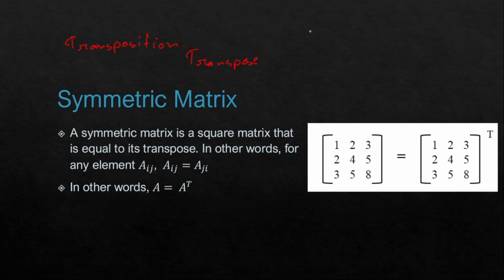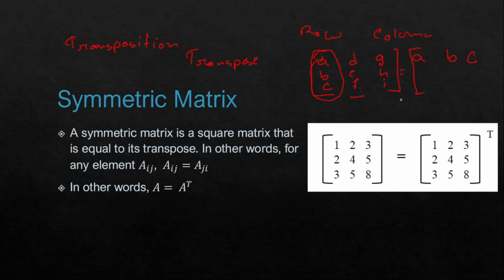We know that a matrix has rows and columns. If there's a matrix, let's say this is ABC, this is DEF, this is GHI, and we exchange the rows and columns. For example, this is the first column, we turn it into the first row.